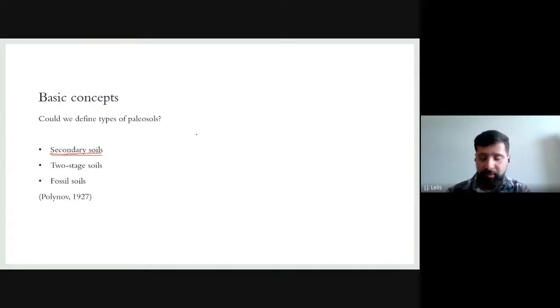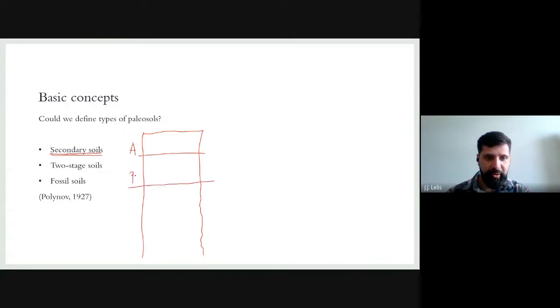For example, I can draw a soil here. We describe it and identify an A horizon, a B1 horizon, a B2 horizon and a C horizon.